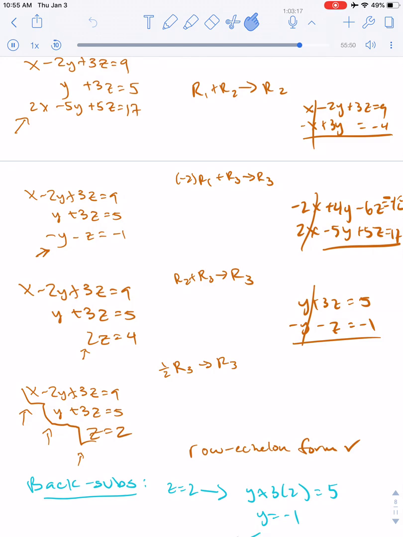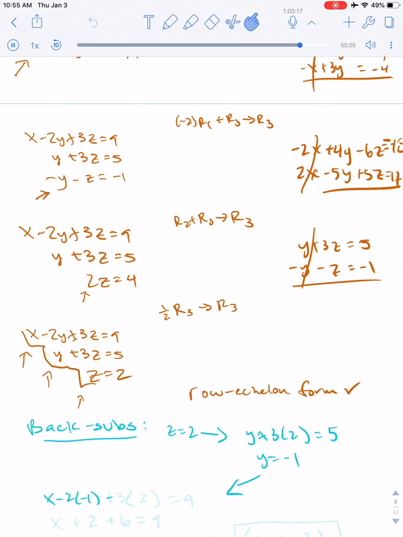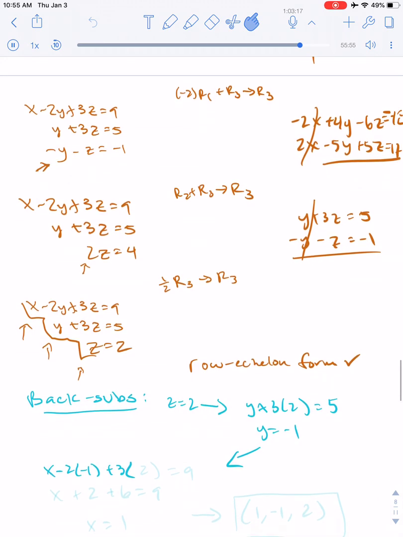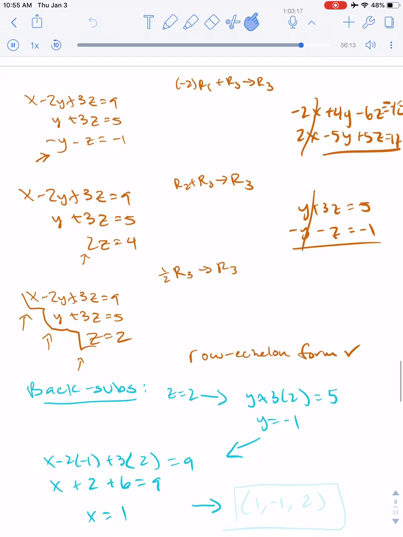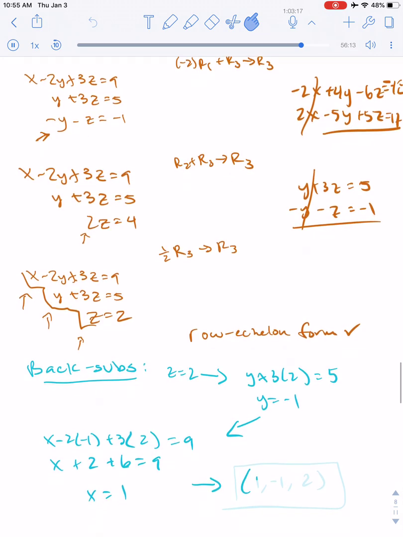And if y is negative 1, then x minus 2 times negative 1 plus 3 times 2 equals 9. x plus 2 plus 6 equals 9. Therefore, x has to be 1. Meaning, my solution for my actual system is 1, negative 1, and 2.